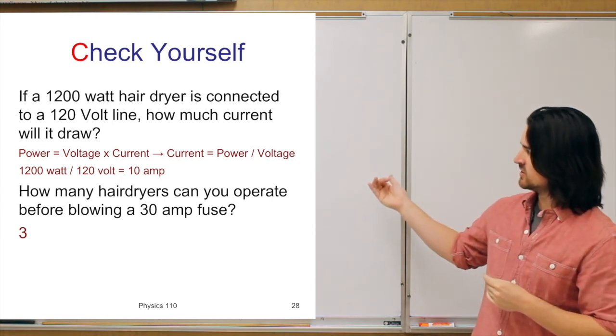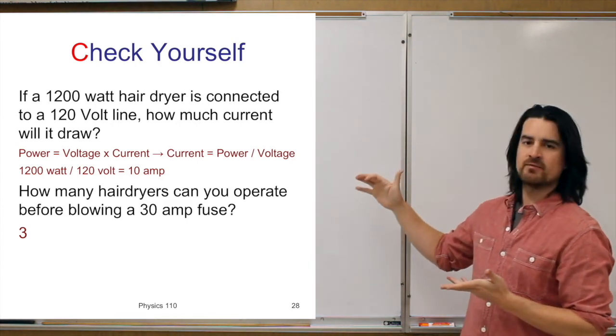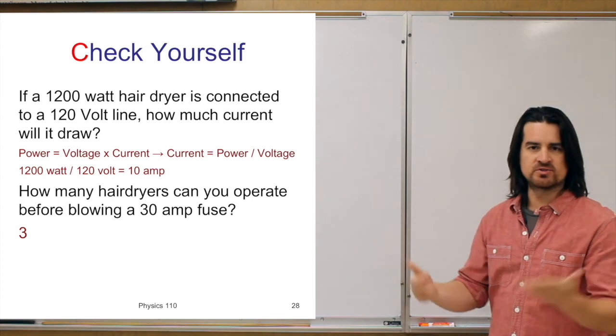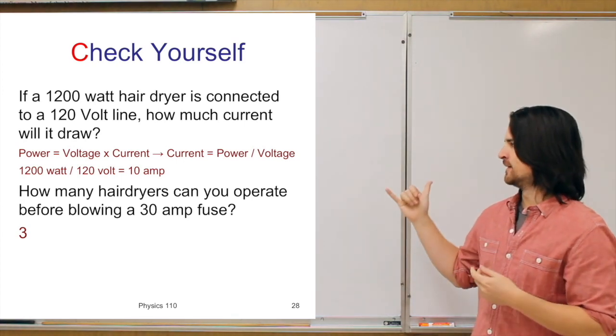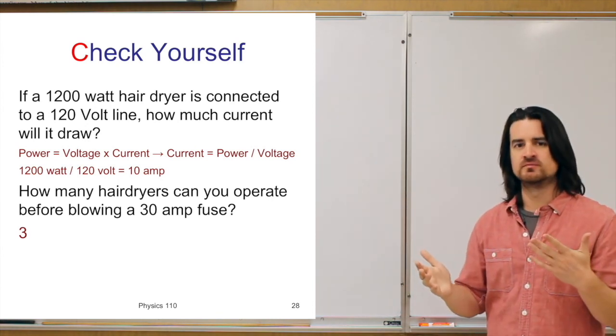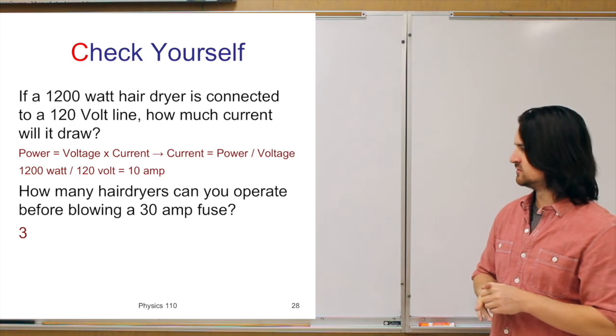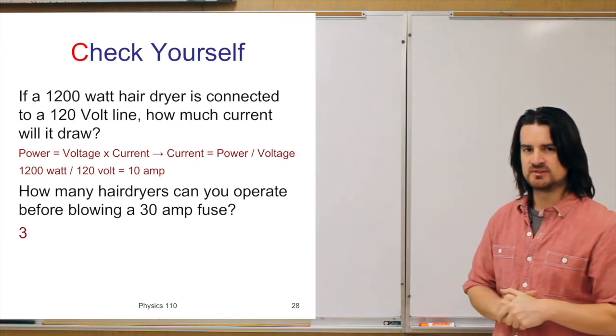So what that means is, if you have a 30 amp fuse or a 30 amp circuit breaker, something's going to open once 30 amps are flowing. That means you could plug in 3 hair dryers and you're going to reach that limit. It only takes 3 hair dryers going to blow a 30 amp fuse.